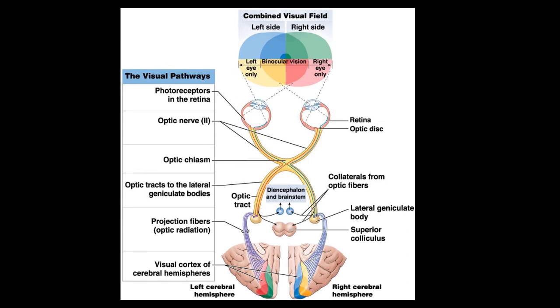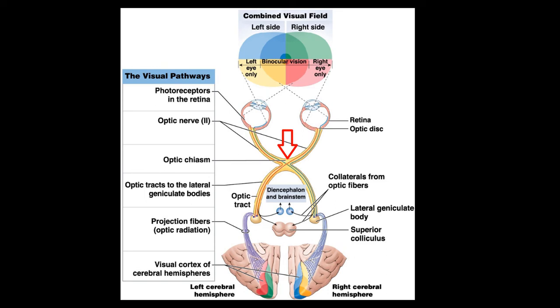The axons from the ganglion cells converge on the optic disc and penetrate the wall of the eye, and then proceed toward the diencephalon as optic nerve II. The two optic nerves, one from each eye, will reach the diencephalon at the optic chiasm.